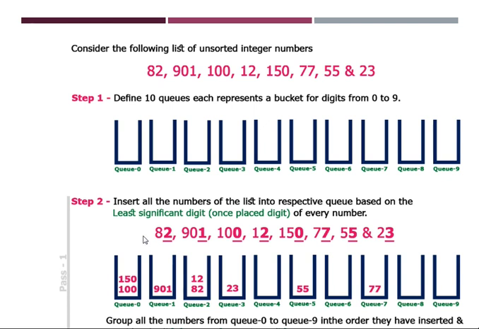So here we are proceeding from left to right using the least significant digit, placing them into appropriate queues. Now group all the numbers from Q0 to Q9 in the order they have been inserted. We have to process in the same order they have been inserted.